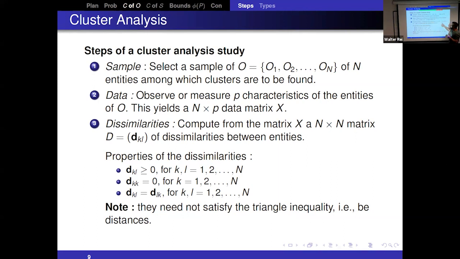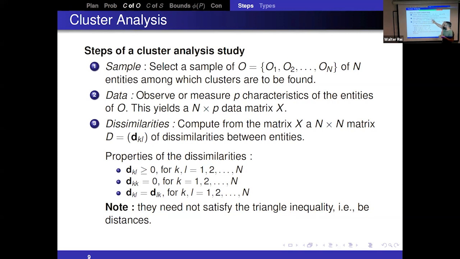Then you build this matrix D, which is the dissimilarity value between all entities and all other entities. Keep these 2 steps in mind, because I think they are at the core of the main difference between our clustering approach and other clustering approaches. So, how you define the data and how you define the dissimilarities.